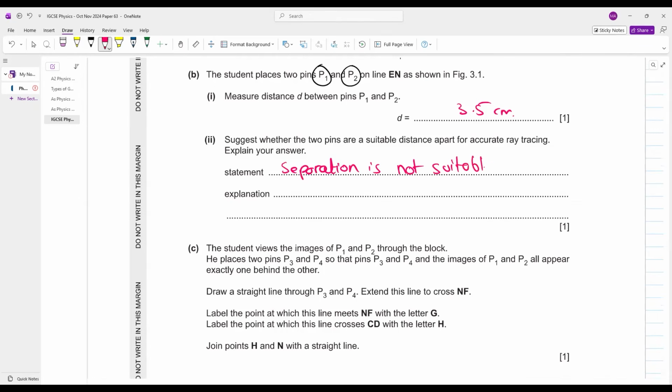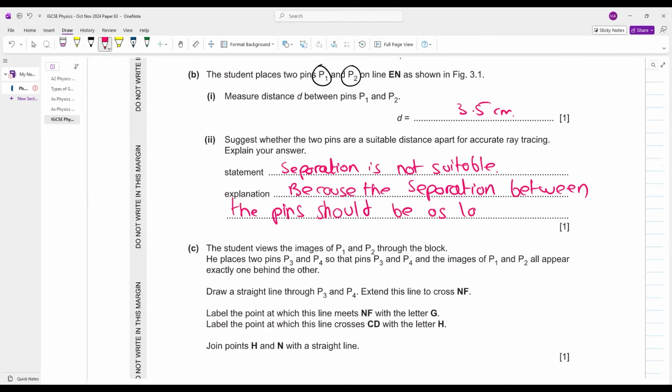Why? Because the separation between the pins should be as large as possible. Simple.